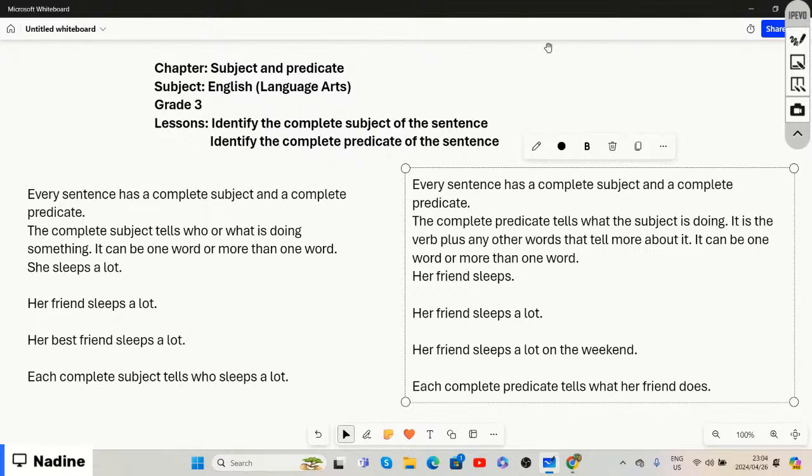All right, so our chapter is subject and predicate. Our subject is English language arts, grade 3.